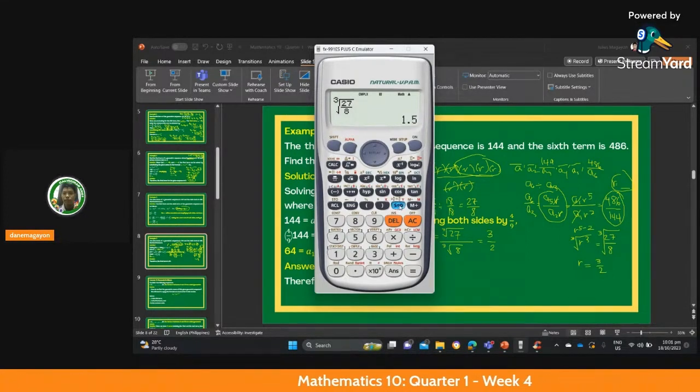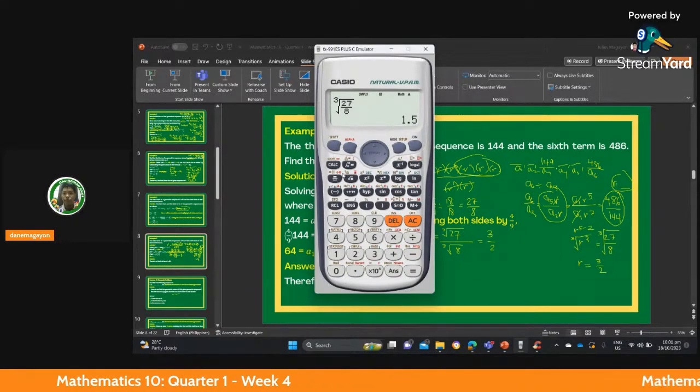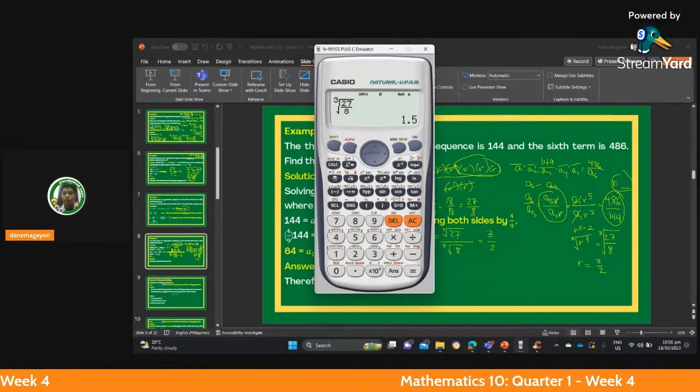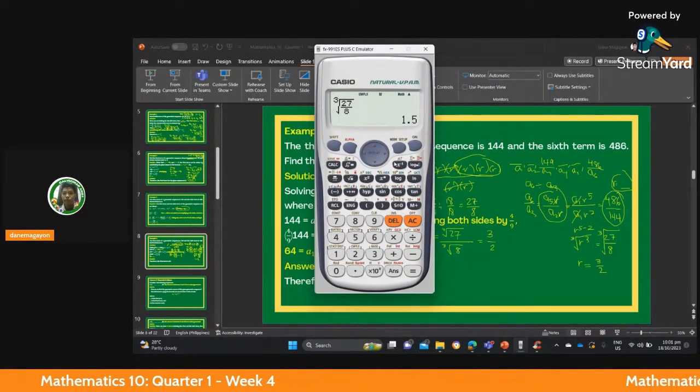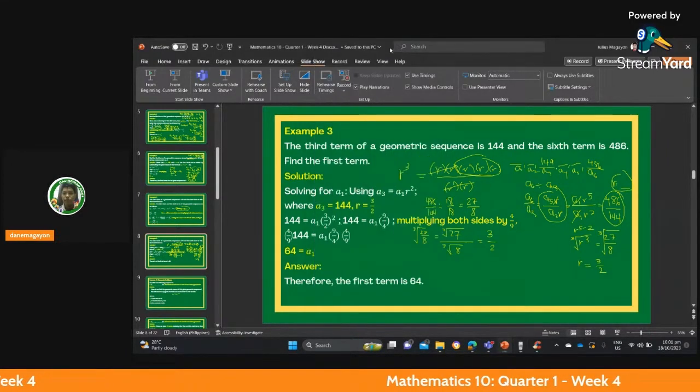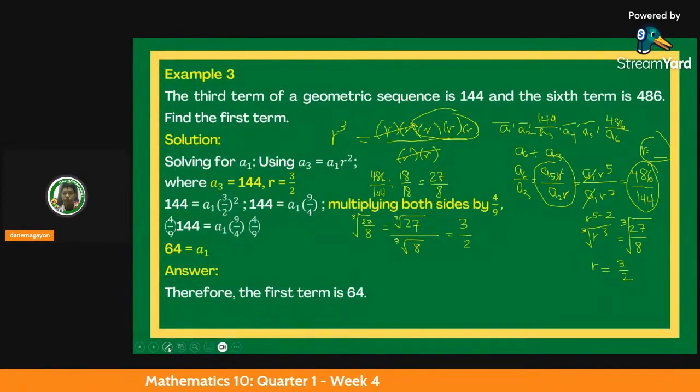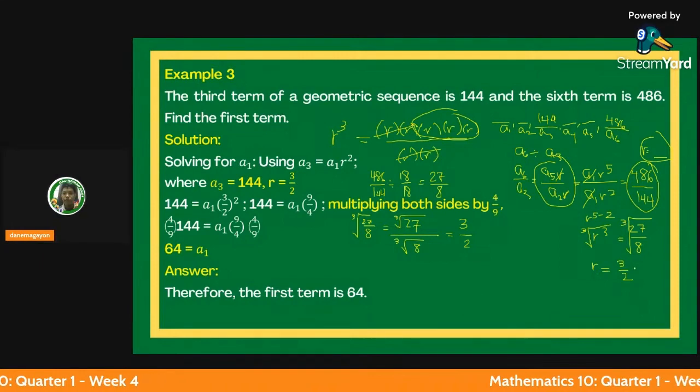Ito yung counterpart ng iba. Sa normal calculator, ang pinipress nila doon, yung given na yung merong A tapos B over C. Then shift A, B over C. Ayan yung given wherein natatransform mo yung given fraction into another set of fraction or even into decimal. Ayan yung lalabas. So for this, yung R natin will be equal to 3 over 2 or 3 halves.